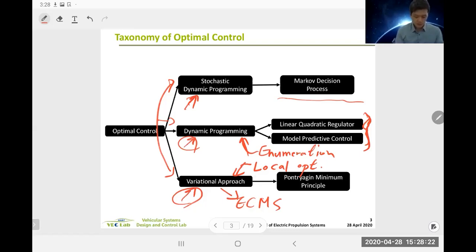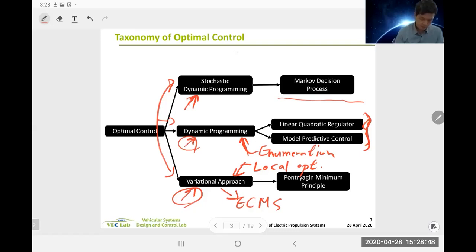But even though the variational approach only guarantees local optimal, if your problem is nice, it's not too bad, then it can be a quite efficient method, okay?